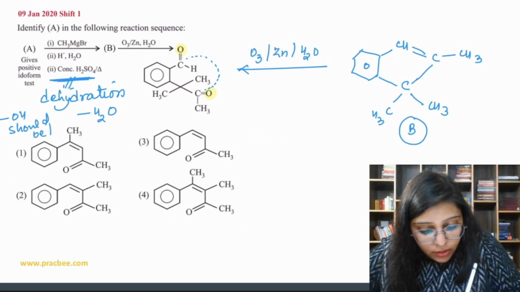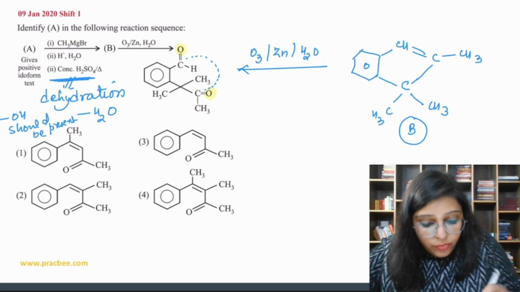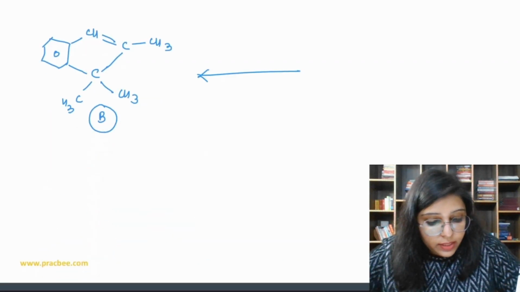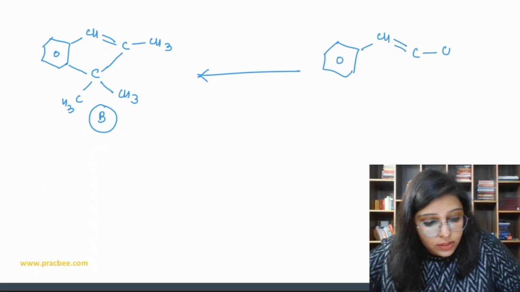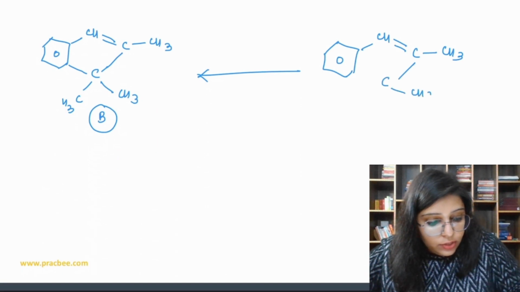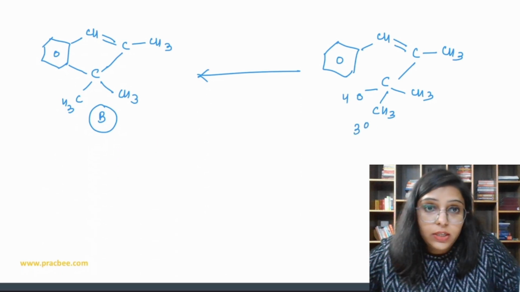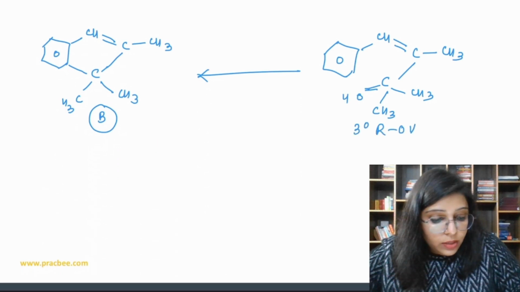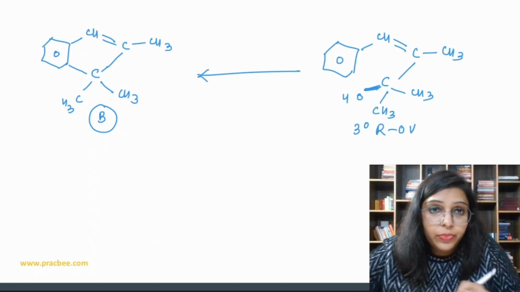So we can write CH double bond C, CH3, then this is C, CH3, CH3, and this is OH. So this is a 3 degree alcohol, right or wrong? This part is a 3 degree alcohol.